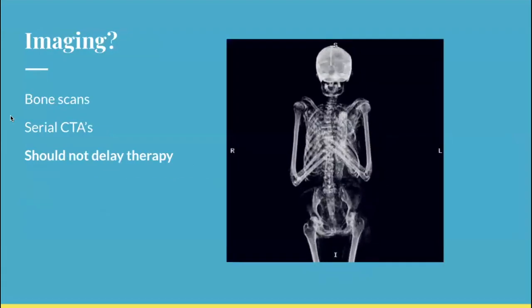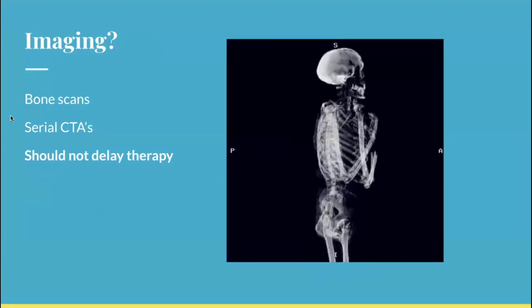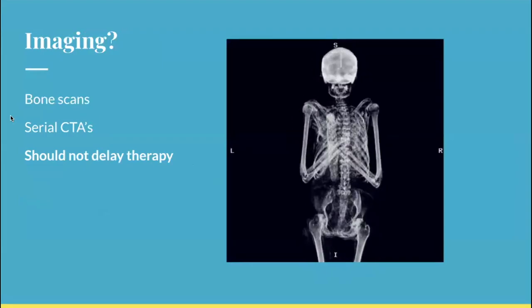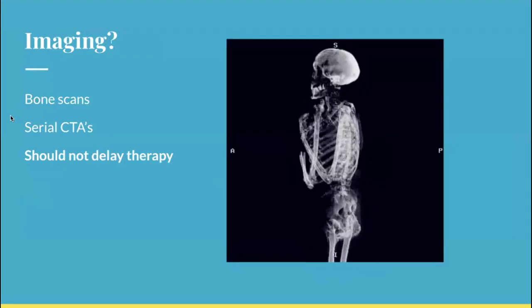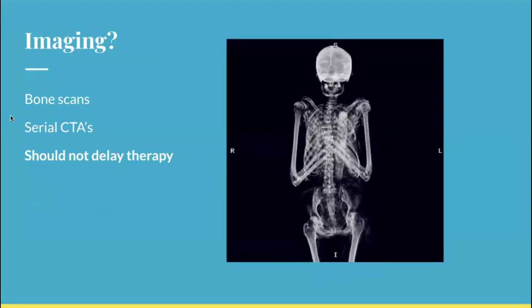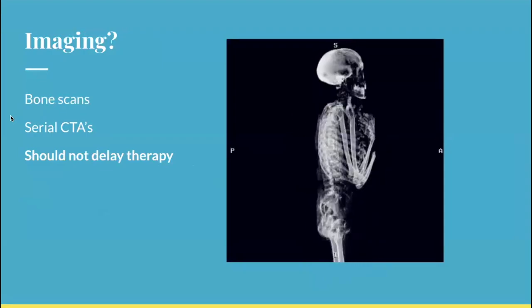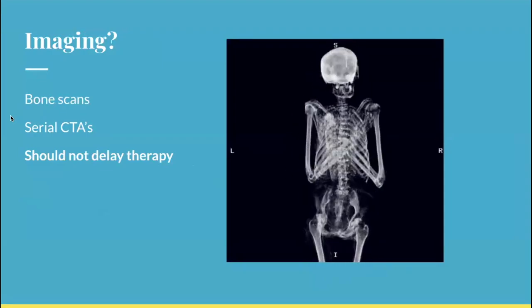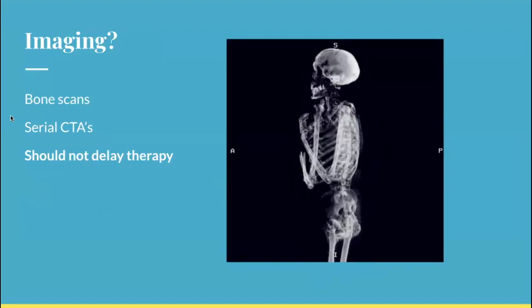For any imaging, in general, it shouldn't be used if it's going to delay care. But what is recommended are bone scans on day 2 or 3 to predict long-term viability of the affected tissue. This is more likely going to be done already at the burn center that they're transferred to.